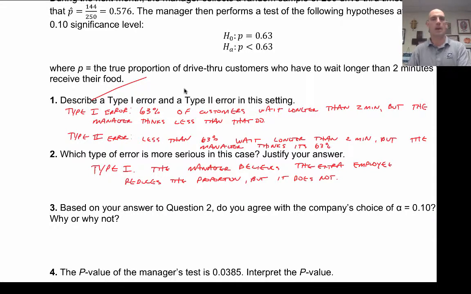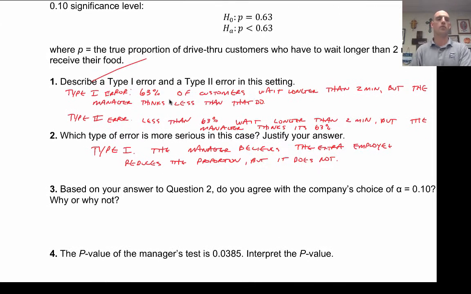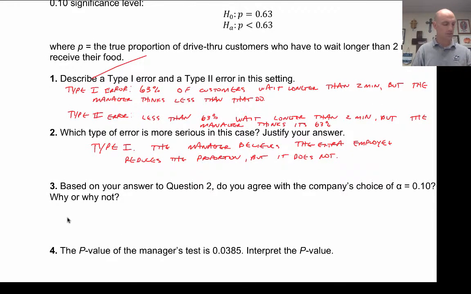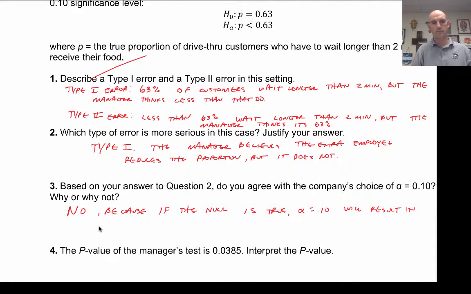So what do we have? Let's look at alpha level, significance level of 0.10. So no, we shouldn't do this. Because if the null is true, then an alpha level of 10% will result in a type 1 error 10% of the time.